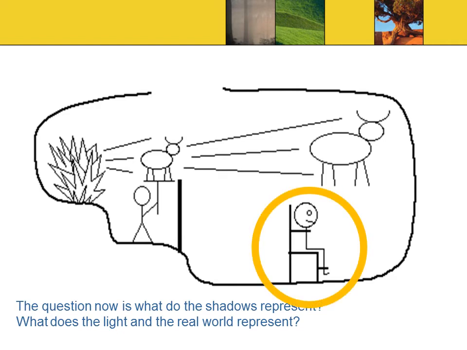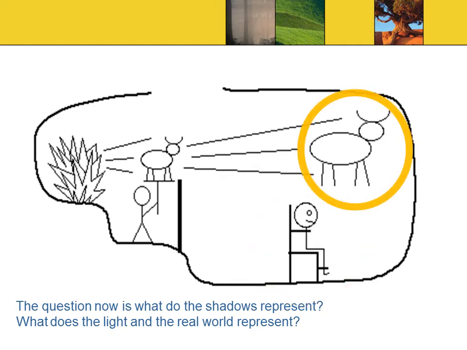First of all, the prisoners who are chained inside the cave in that darkness. They're like the people who rely only on the physical world for their knowledge. They trust the sense evidence that they're receiving. They rely on empirical data. For Plato, if we just rely on what our senses tell us, we're rather like the people that are trusting the shadows.